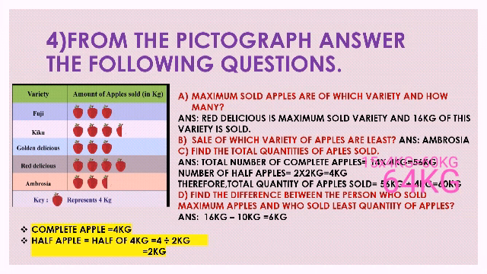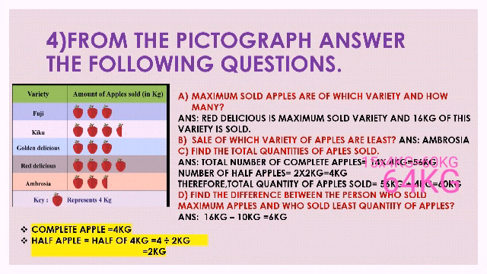Clear? So, here the variety Kiku, 3 complete apples are given. So again 3 4s are 12 and 1 half apple is given. That is 2 kg. So 12 plus 2 kg is 14 kg. Gold Delicious, again 3 pictures of the apple, that means 12 kgs. Red Delicious, 4 pictures of the apples are given.